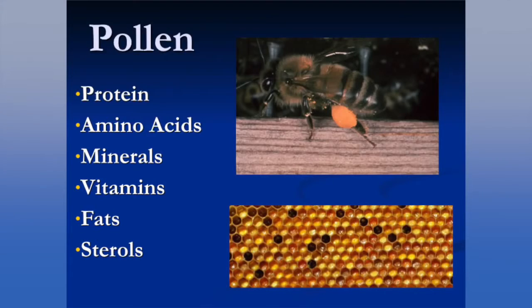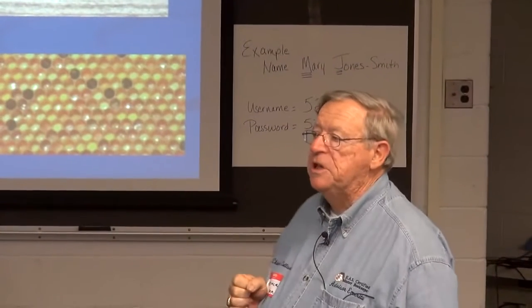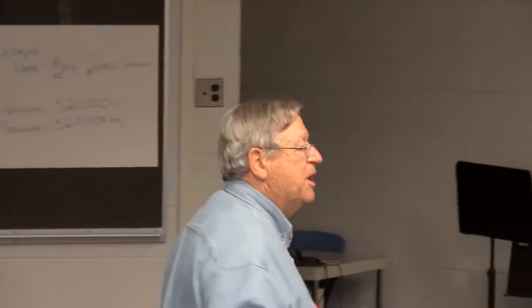When we think of pollen, we think of that pollen pellet on the hind legs that the bees have gone out and collected. But you need to realize that bees collect a lot of wind-borne pollens, pollens associated with grasses, pollens associated with ragweed, pollen associated with corn.